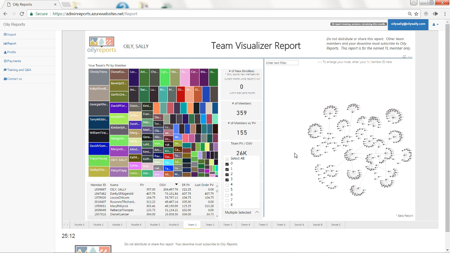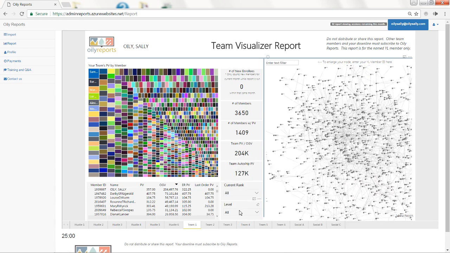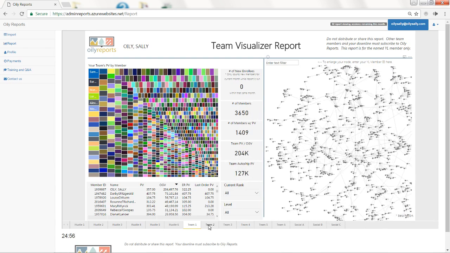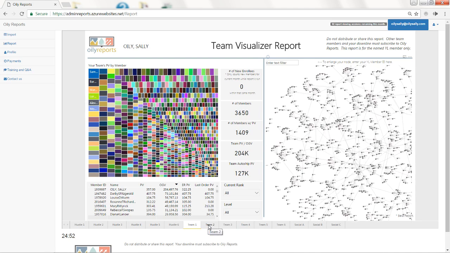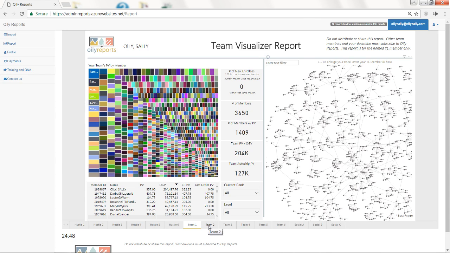So it's not always just looking at how many members are on their leg, but more looking at how well they are connected with individuals. So that's a few things you can do to look at your team visualizer report and really understand your team, where your team is, and overall metrics of how your team is performing.